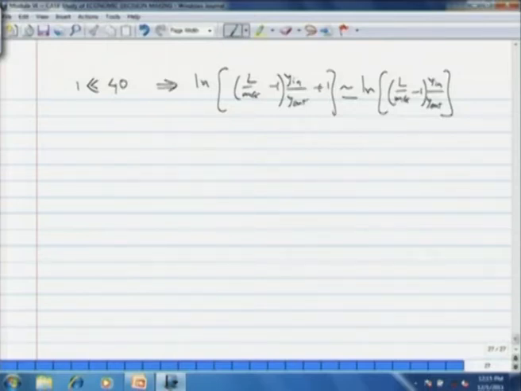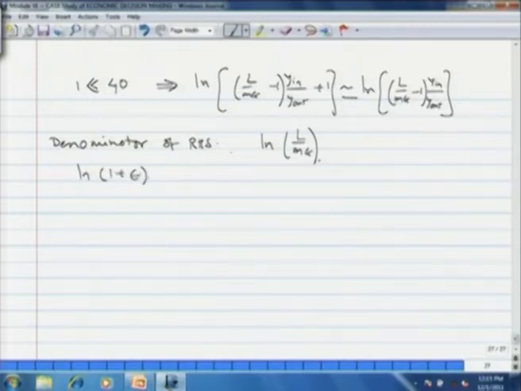Now, let us see the denominator of the right hand side, which is ln L by mg. We know that ln 1 plus epsilon will be approximately equal to epsilon for small epsilon. As epsilon becomes smaller, this becomes valid. Now, we have L by mg equal to 1.4.